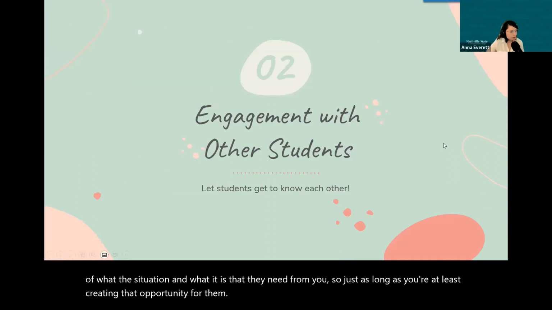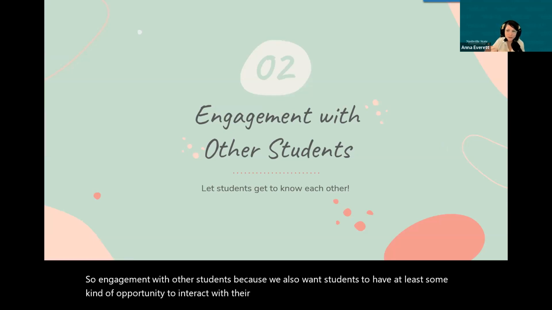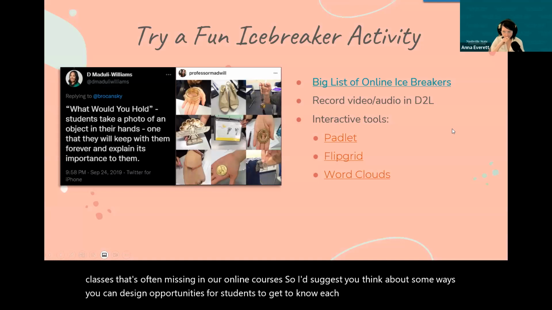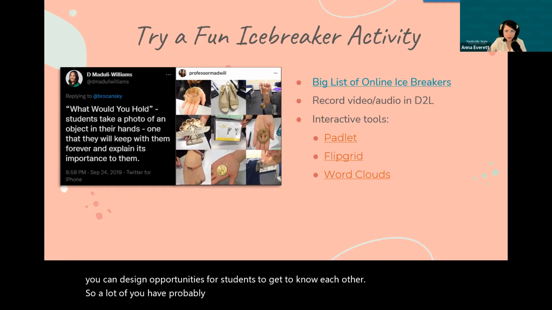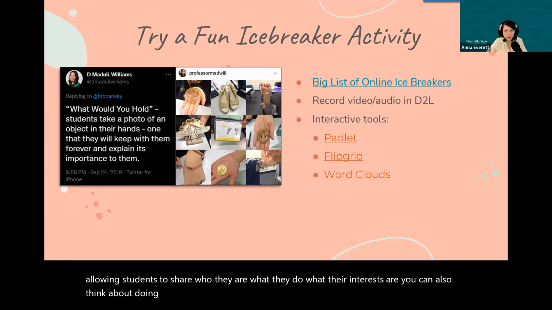Okay, so engagement with other students, because we also want students to have at least some kind of opportunity to interact with their classmates. This is a component that we have in in-person classes that's often missing in our online courses. So I'd suggest thinking about some ways you can design opportunities for students to get to know each other. A lot of you probably have some kind of introduction discussion, and that's great, allowing students to share who they are, what they do, what their interests are. You could also think about doing some kind of fun icebreaker, even beyond that, if you wanted to. This is a great resource I'll send around later on.